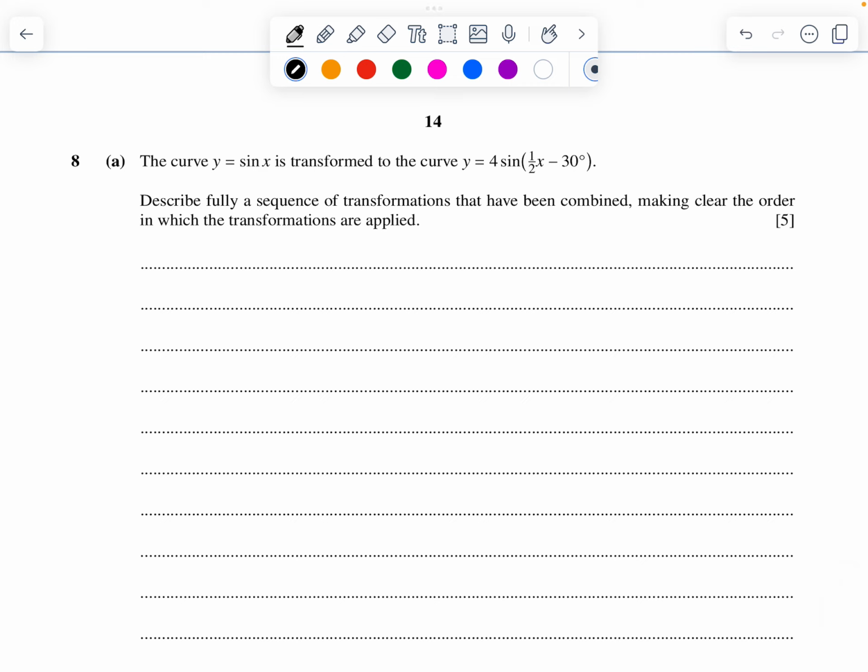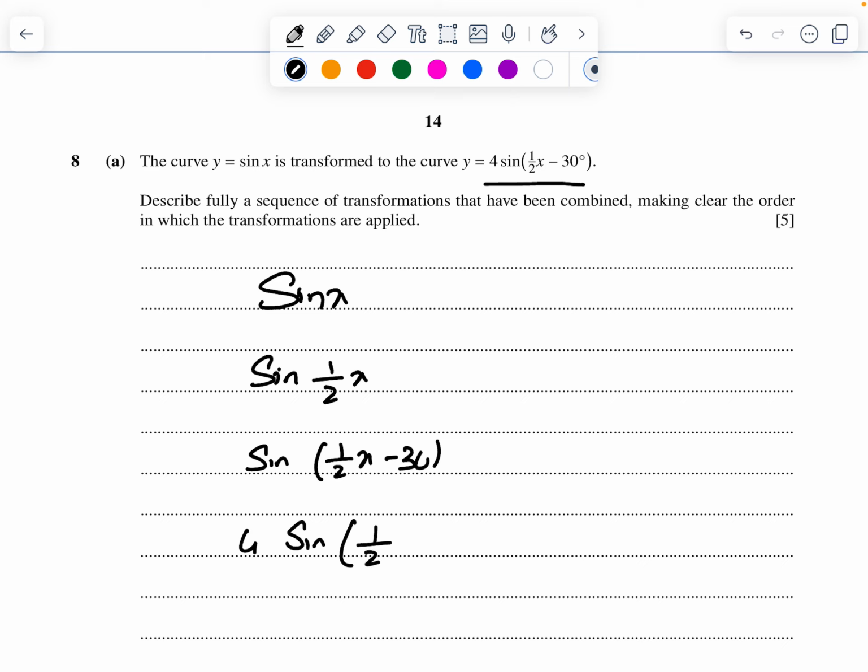Question number 8. y equals sin x is transformed into this. What are the steps? First start with sin x, then go to sin half x, then go to sin half (x minus 30), then go to 4 sin half (x minus 30). This is called a stretch by scale factor 2 in the x direction.